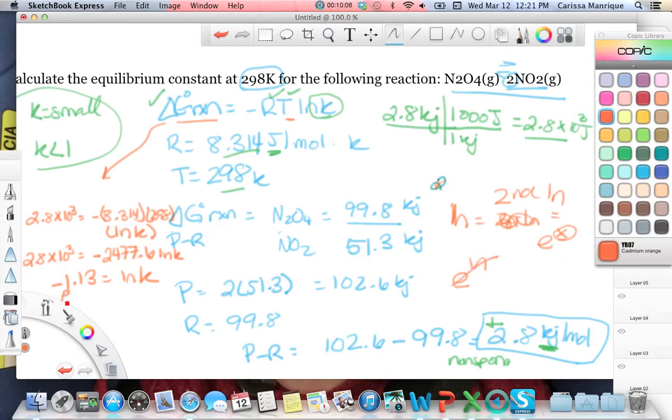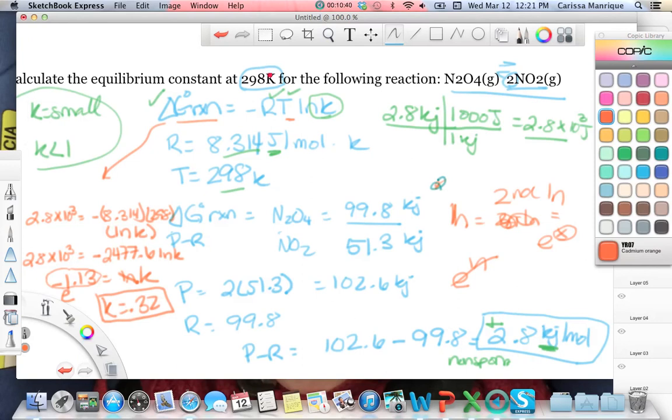So e gets rid of natural log there. And what is your x? X will just be this value right here. So you're going to do second natural log, raised to the negative 1.13, and I get K equals 0.32. Is K less than 1? Yes. And so we predicted correct.